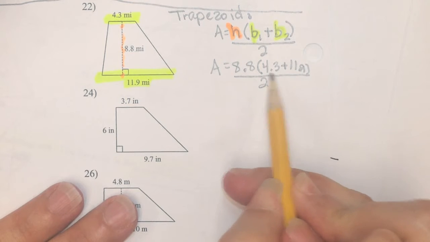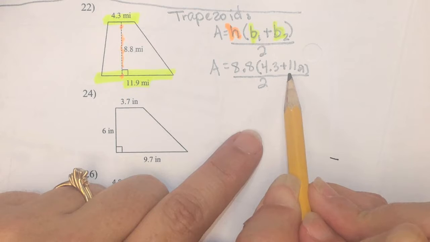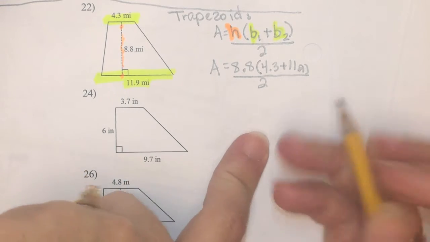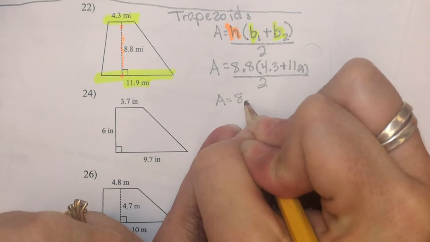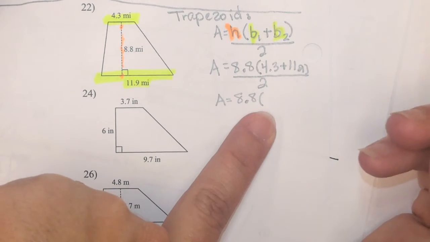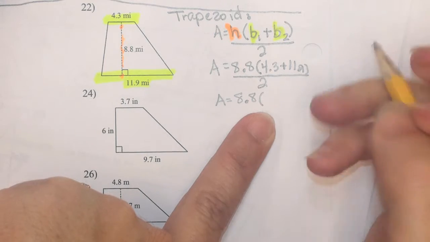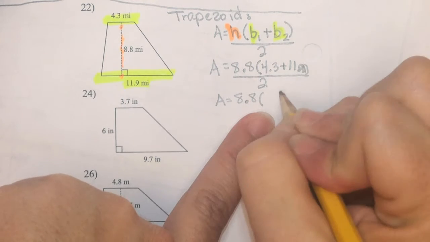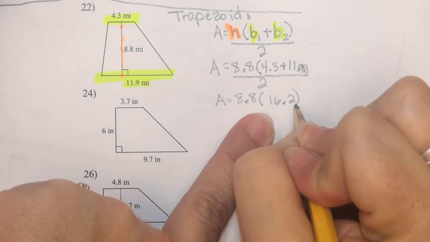Listen, the first thing you have to do is add those numbers in the parentheses. What you should be doing is bringing down this 8.8 because you've not used it yet. If I add 4.3 plus 11.9, I get 16.2.